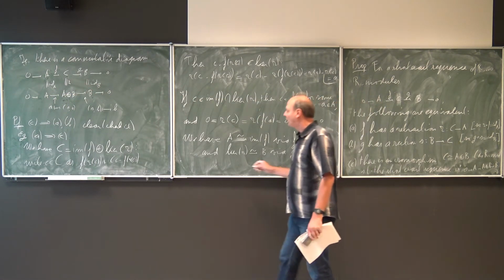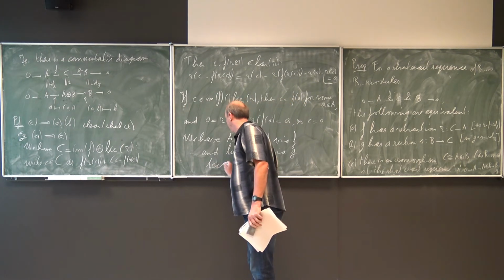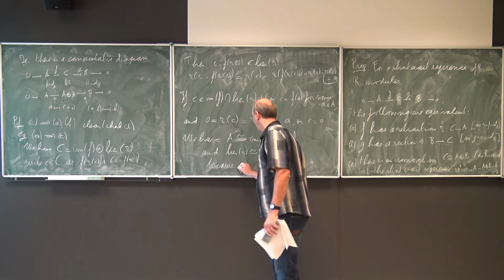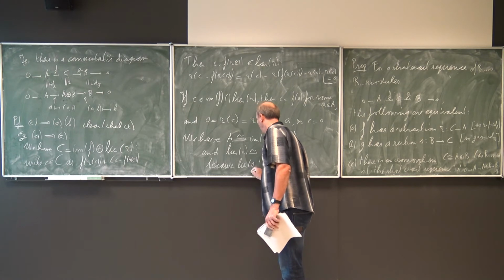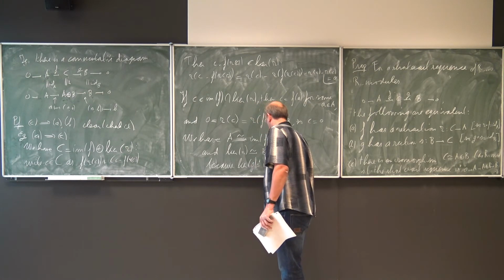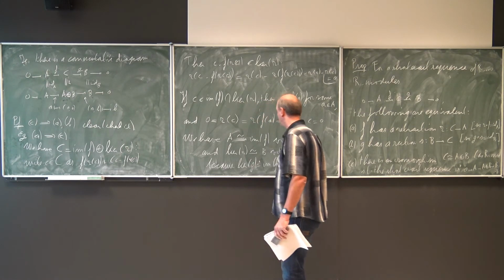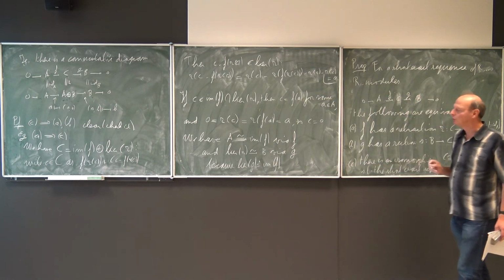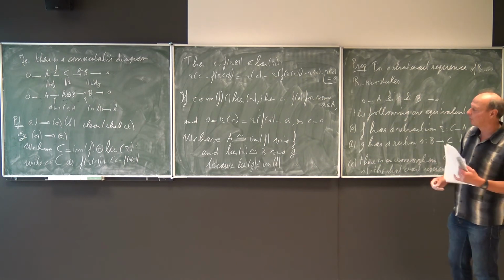Okay, so let me summarize this, because the kernel of G equals the image of F. You have to write something down, but again, I don't want to spend too much time writing down the details, so just go through them.